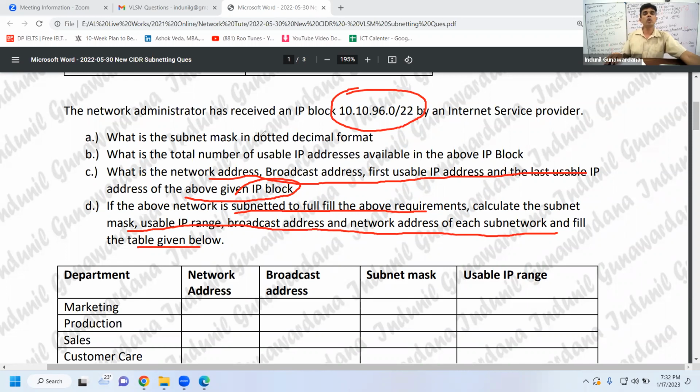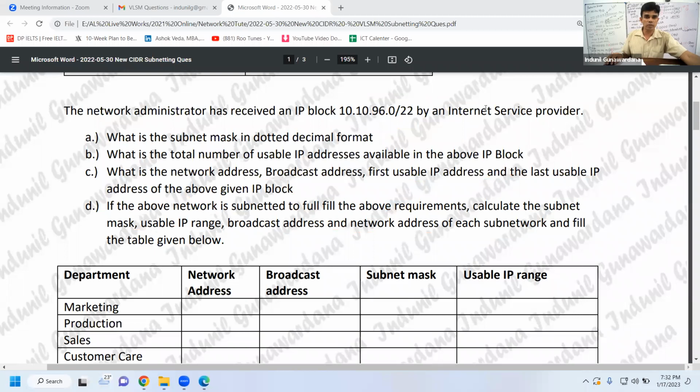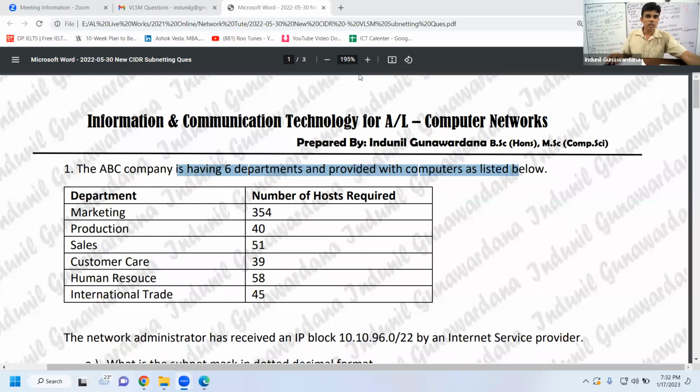Now you have to carry out the subnetting accordingly. By this time, definitely you have to use VLSM. Why? You see that the first subnetwork has a large number, then the total of the rest will be subnetted further. That means marketing is one, like we had earlier, and the others are going to be subnetted further.